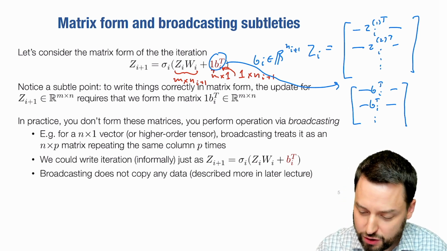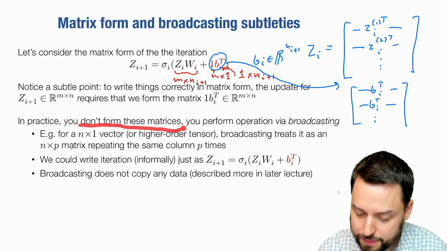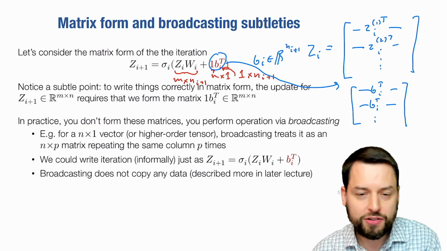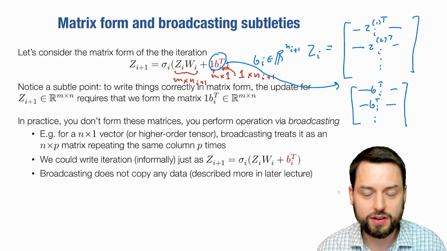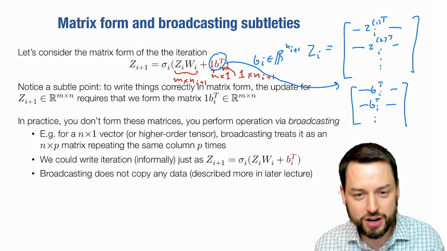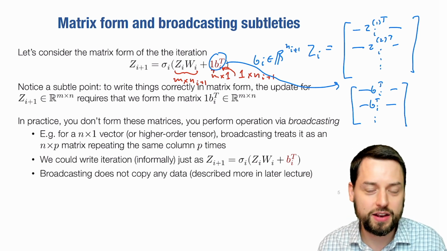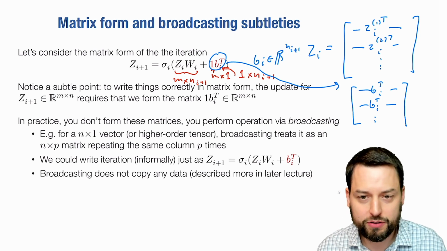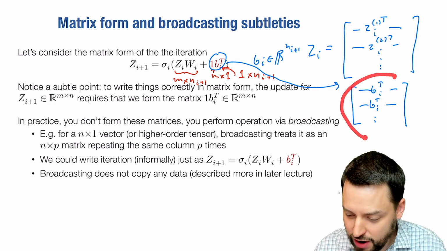You don't want to form these matrices because it just wastes space. We'll talk a lot about space and memory waste later on, because there are some cases where you want to form these on the fly for more efficient operations. But here, if we're talking about memory, we wouldn't want to form this matrix that just contains a bunch of copies of the same thing.